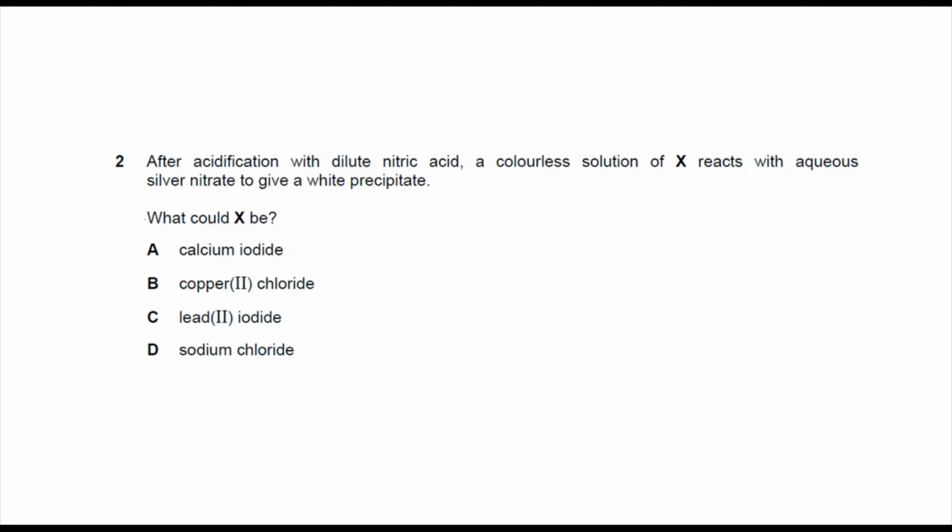After acidification with dilute nitric acid, a colorless solution of X reacts with aqueous silver nitrate to give a white precipitate. Remember that whenever you see dilute nitric acid and aqueous silver nitrate together being used to test for something, it is always a halogen test that is being done.